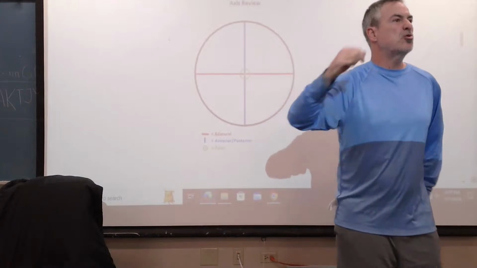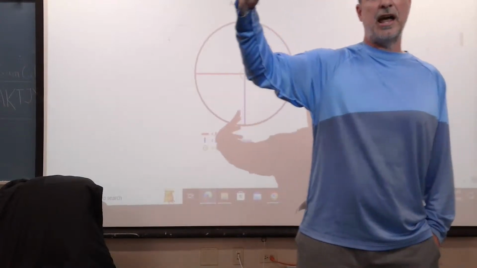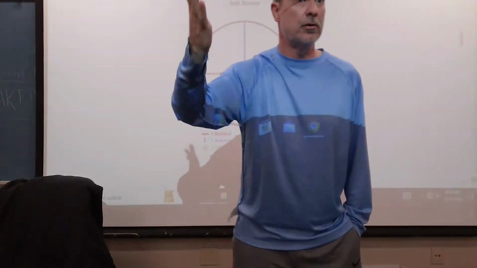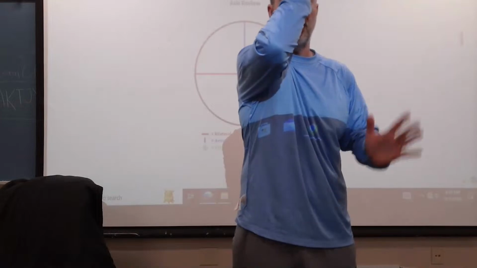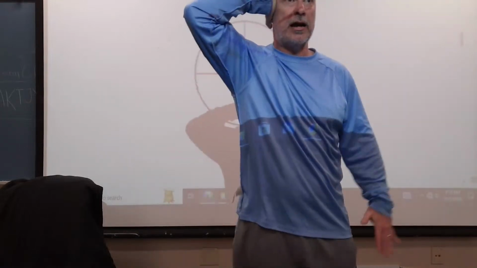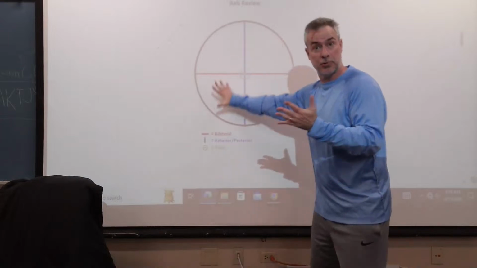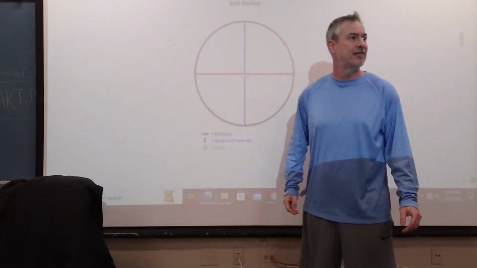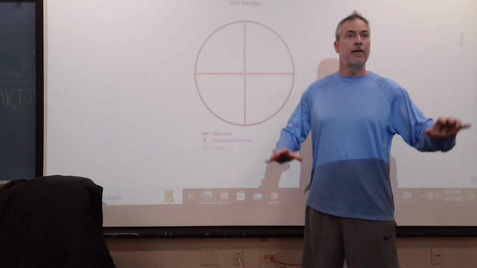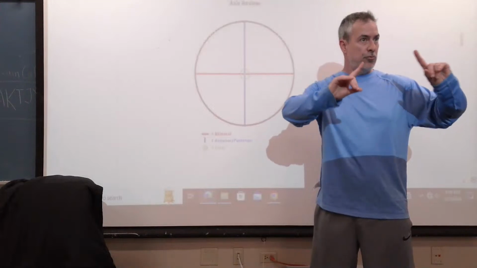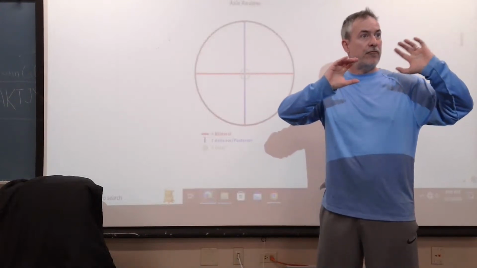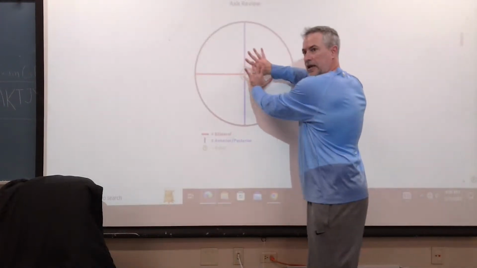Notice nowhere in this circle is concentric or eccentric. That stuff we have to figure out. Do I need the flexors, the extensors, the right laterals, the left laterals? But once you identify who you need, the circle helps to remind us who those muscles are.